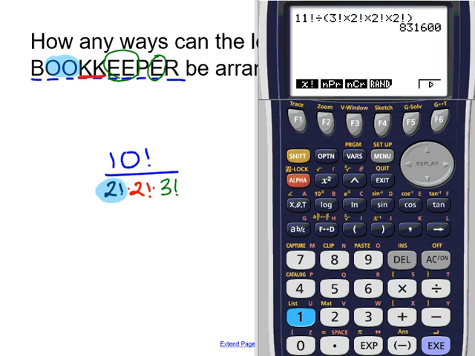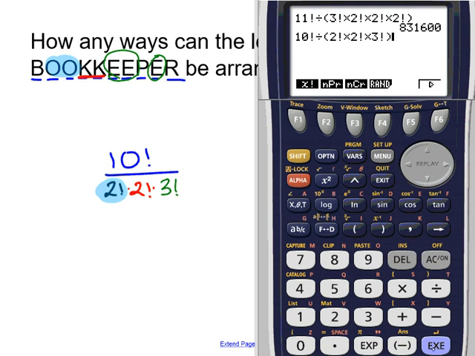So let's do 10 factorial divided by parentheses. Again, here's one where I would just do it in my head. It's going to be 24. But let's go ahead and put it in here so that you get some practice. 2 factorial times 2 factorial times 3 factorial.